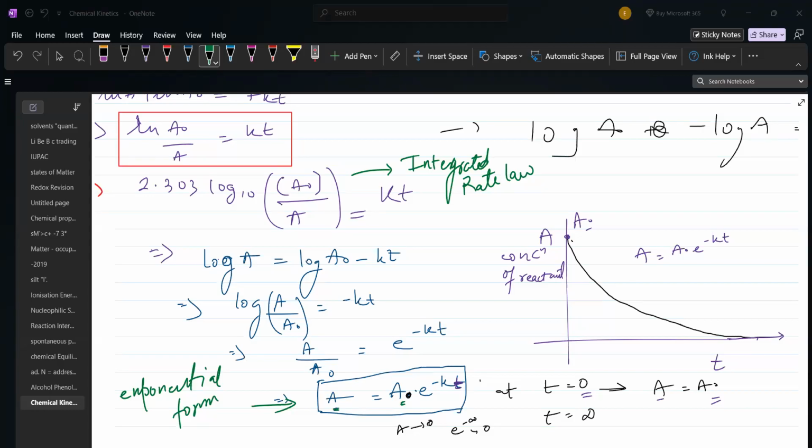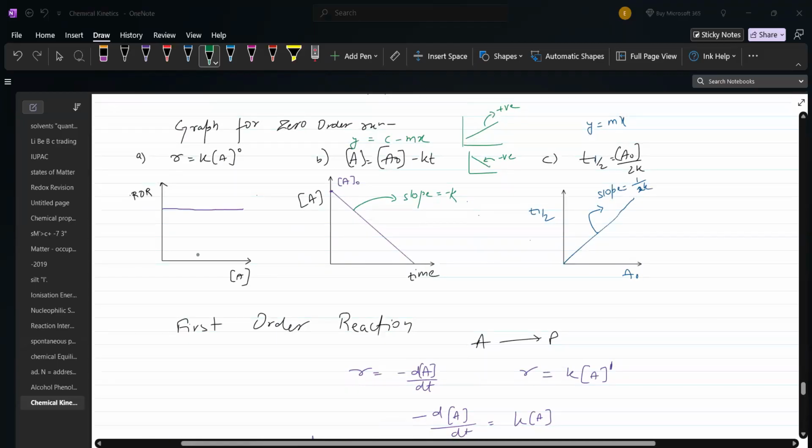So this is the concentration with respect to time, and in the zero order one the concentration with respect to time was a straight line. However, in the first order reaction, when we take the log of this, you will get the same linear relation.